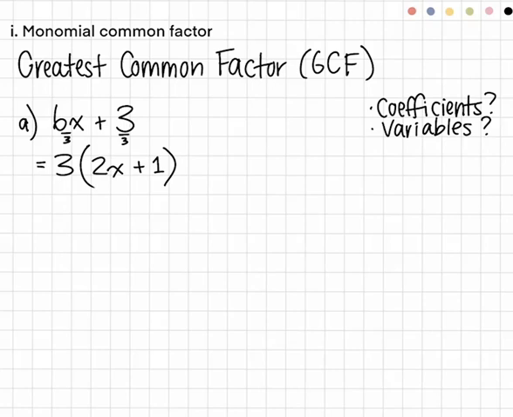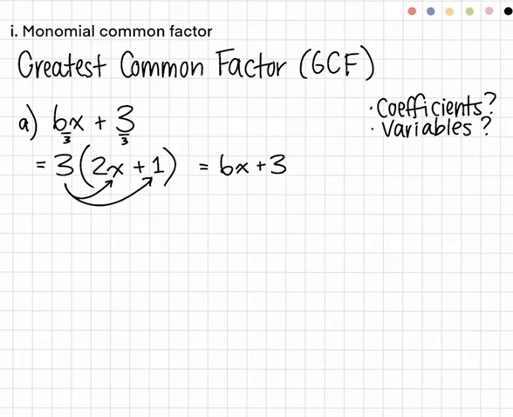So I have just factored this. If you want to expand it, you can go ahead and apply. Will you get the same answer? Let's do it. 3 times 2x equals 6x, and 3 times positive 1 gives me 3.